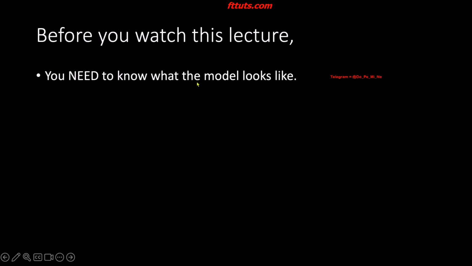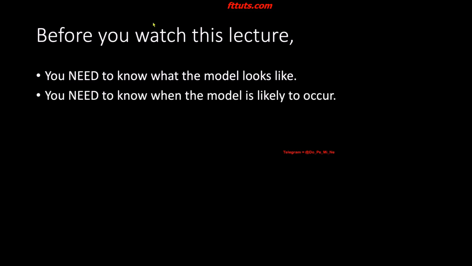Before you watch this lecture, there are a few things that need to be very clear to you. You need to know what the model looks like. If you do not understand what the model looks like, this lecture will do you no good because you're watching it way too soon. Secondly, you need to know when the model is likely to occur. If that's not clear yet, then me breaking down when I believe it is likely to occur will not do you any good, because you would just take my word for it, not base it on your own understanding.